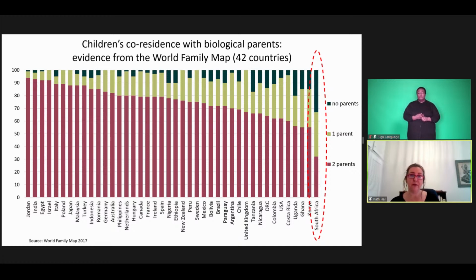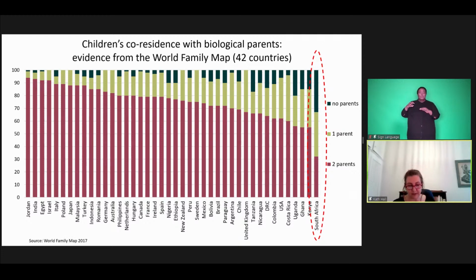Notably missing from this set of countries, but included in another comparative study, are Lesotho, Namibia, Swaziland, and Zimbabwe. And those also are, of course, historically labour-sending countries and have similar levels of parental absence to those in South Africa. So there's definitely a direct link between labour migration and the absence of parents from children's homes.